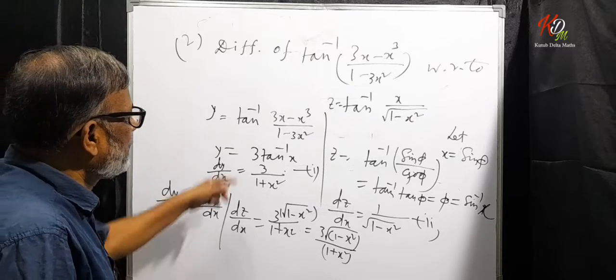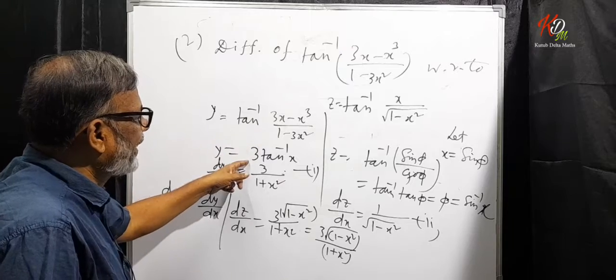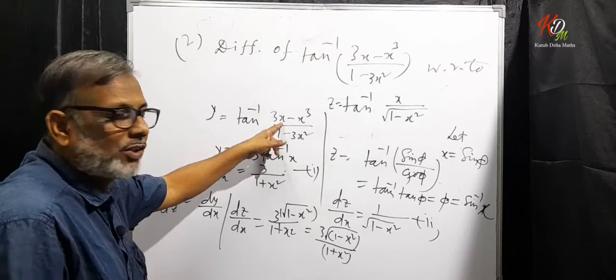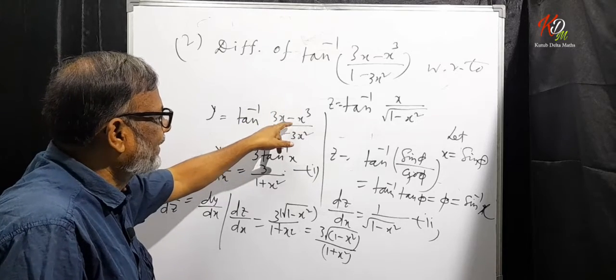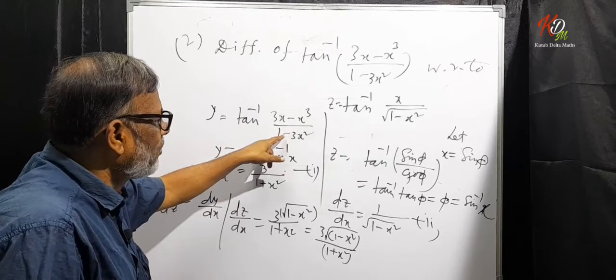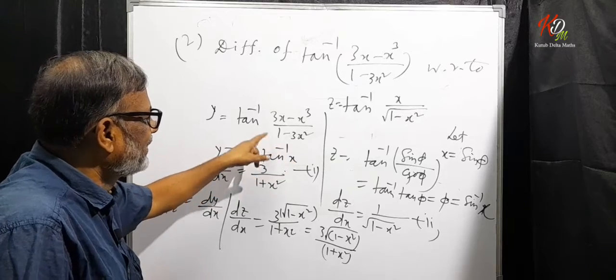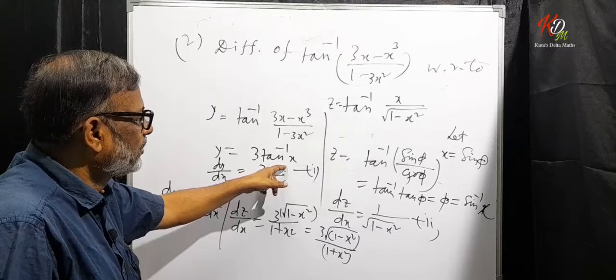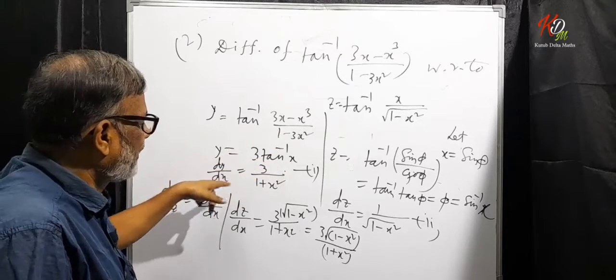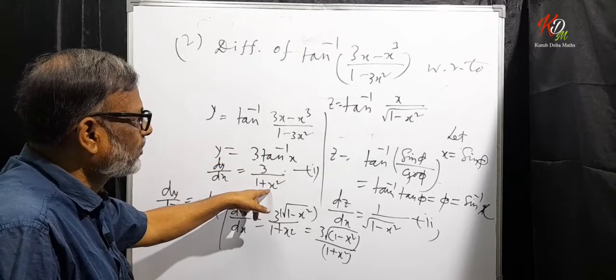If you do not use the direct formula, put x equal to tan theta, so tan inverse of (3 tan theta minus tan cube theta) by (1 minus 3 tan square theta) is 3 tan inverse tan theta, that means 3 theta. So put the direct formula. Now dy/dx equal to 3 by 1 plus x square.